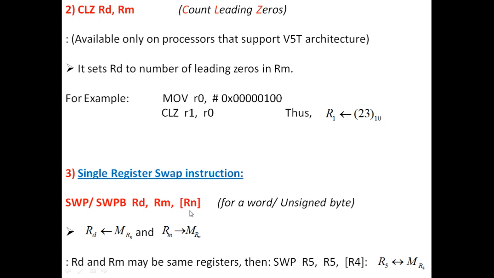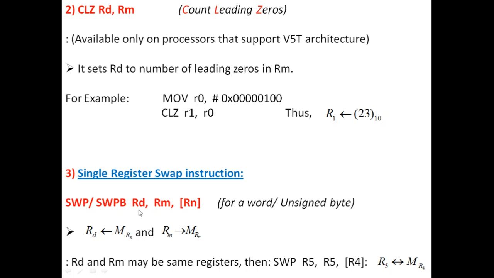It will first of all copy the content of this memory location pointed by this RN, into RD, and then it will copy the content of RM to that memory location. So that's how the numbers are exchanged between these two and the memory location. Content of the memory location is stored in RD and content of RM is again then copied into RN.